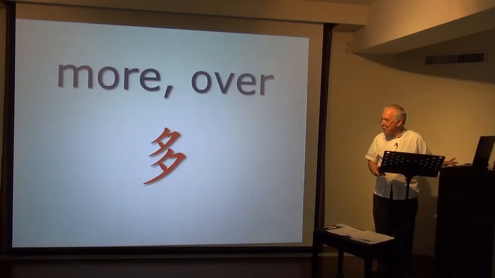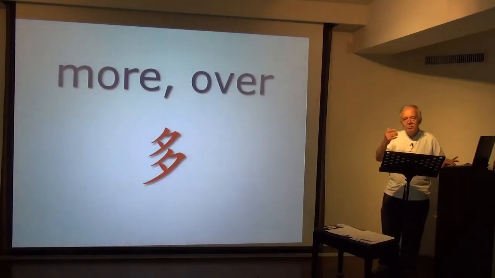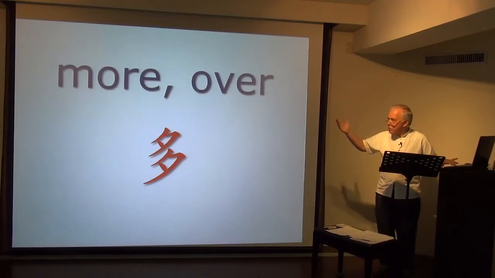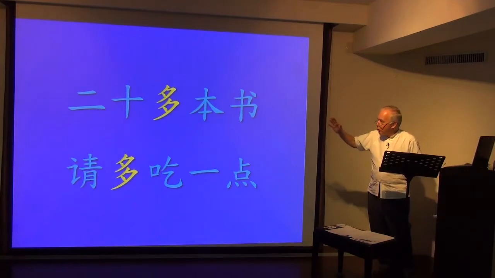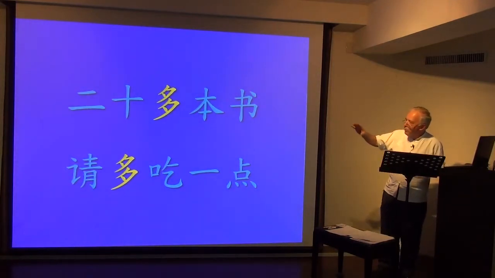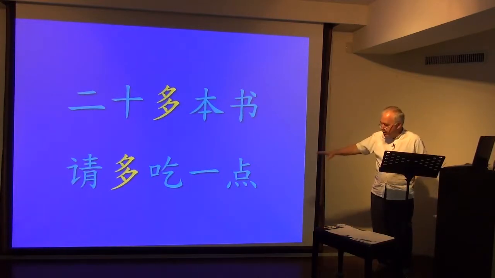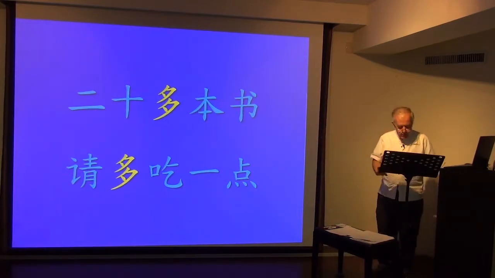Okay, let's move on. 多 we know means more, means many, 很多书, but it can also mean more or over. 20多本书, over 20 books, somewhere between 20 and 30 books. We'll look at the second in a minute.